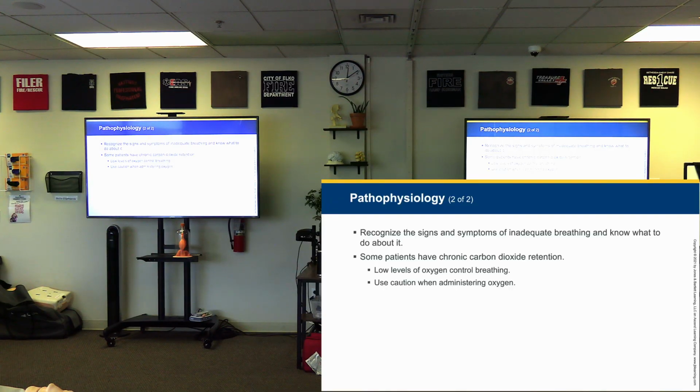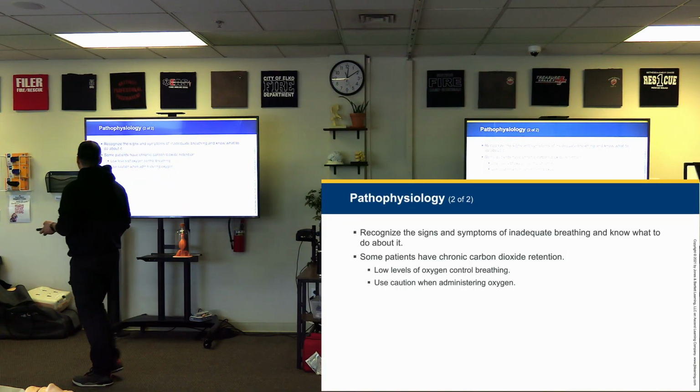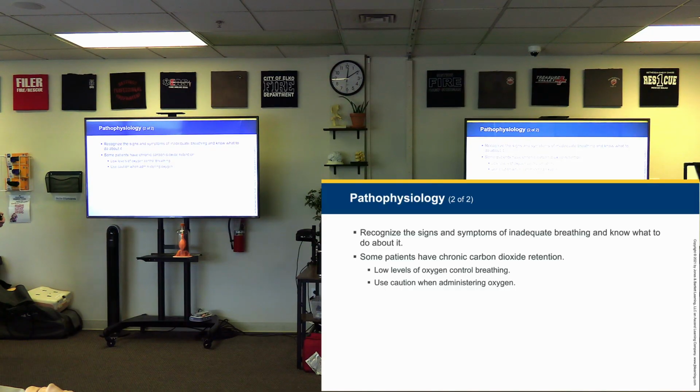Now, it's touching on it quickly, but we'll go into more depth. Some patients will have chronic carbon dioxide retention. That's typically COPD patients, or COPDers. It's because they have such damaged tissue, and I'll explain this a little further into the lecture. But end of the day, they have low levels of oxygen that control their breathing.